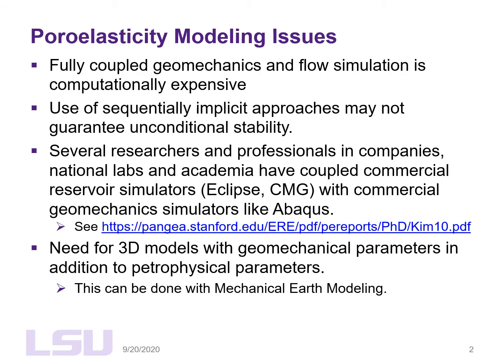There are a couple issues you can have when modeling coupled flow and geomechanics. First thing is it's very computationally expensive when you try to do a fully coupled simulation. What do we mean by fully coupled geomechanics and flow simulation? It means that you're going to form one massive matrix of linear system of equations.